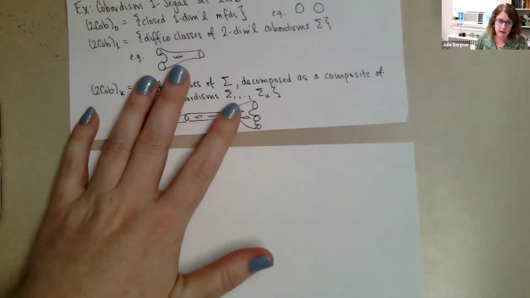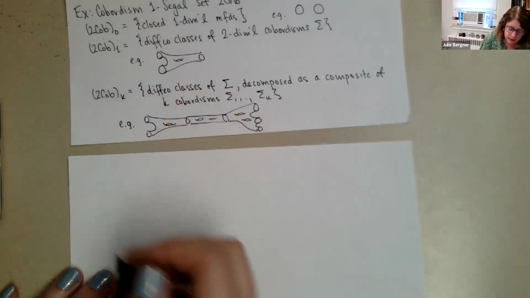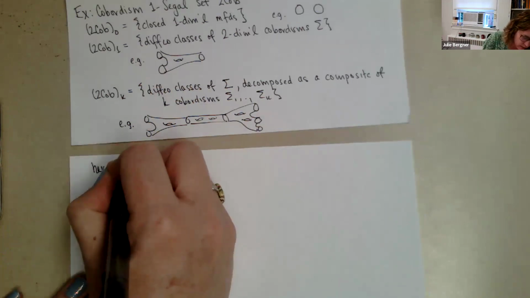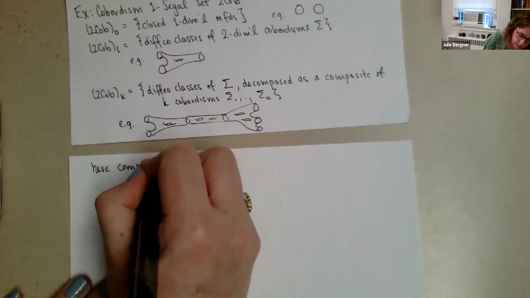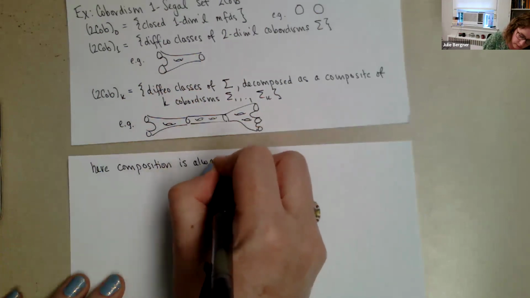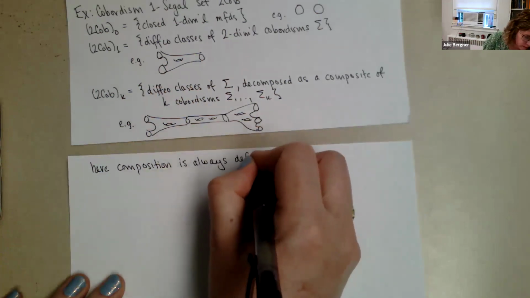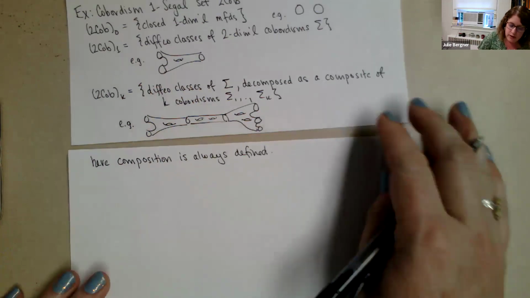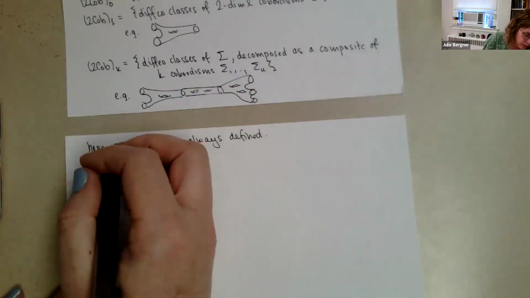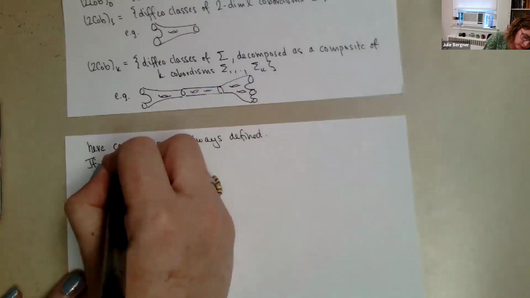Now in this case, composition is always defined. It's a 1 Segal set. But the way we can get something 2 Segal is by imposing a genus constraint.